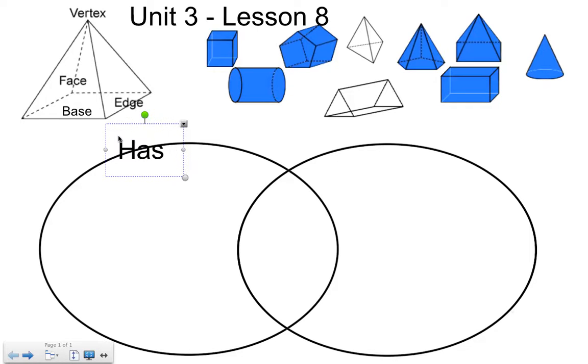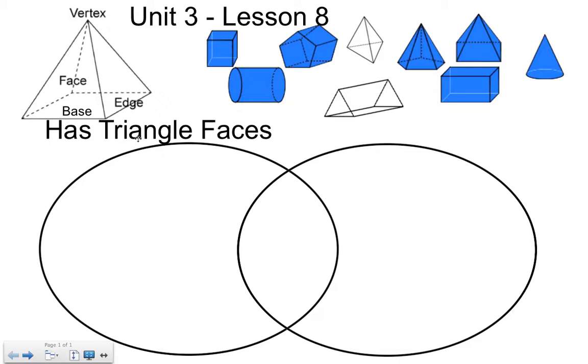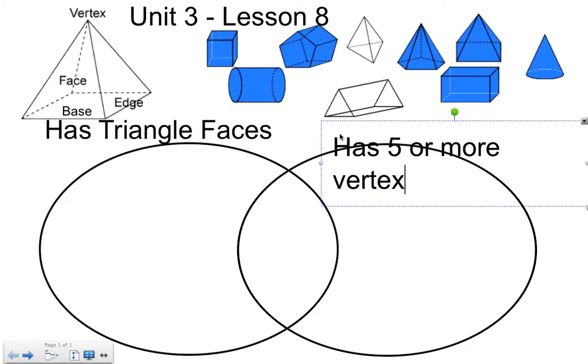So I'll say has triangle faces for this side. I'll move it over so we can see. Has triangle faces. And then maybe this side I'll sort it by has, let's say, 5 or more vertex.